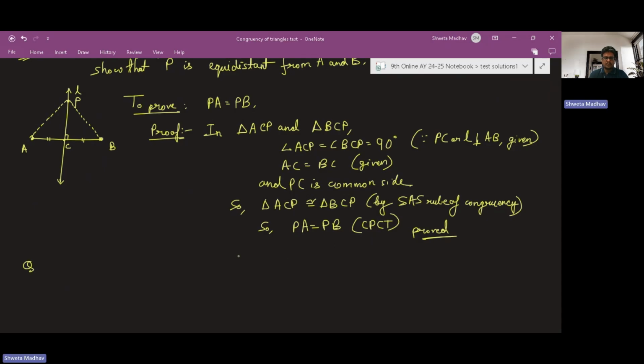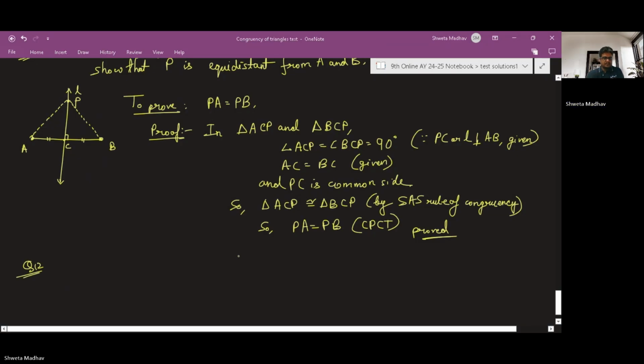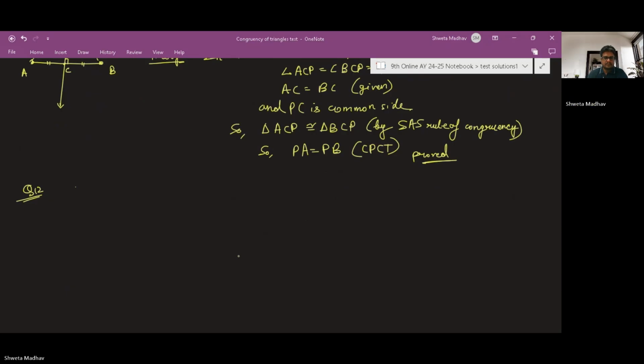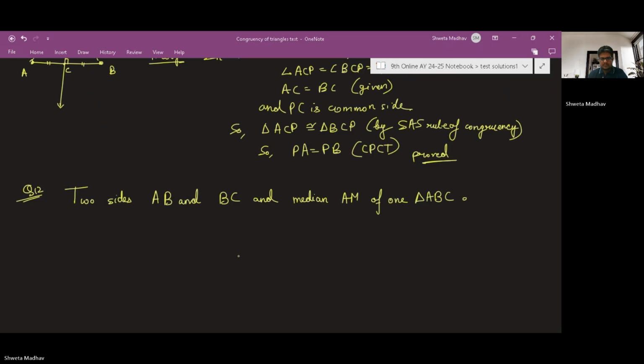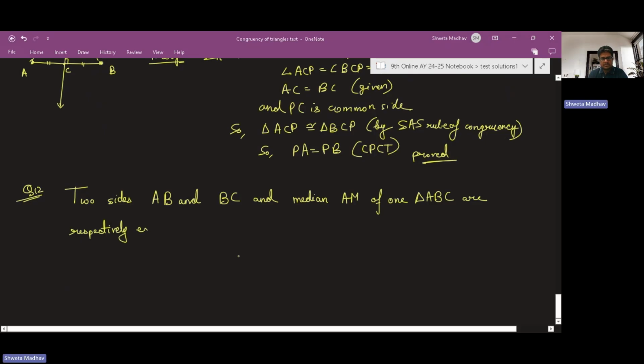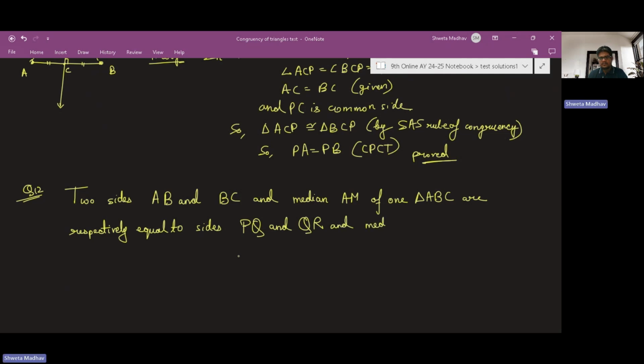Then in question number 12, it is told that two sides AB and BC, and median AM of one triangle ABC are respectively equal to sides PQ and QR, and median PN of triangle PQR.